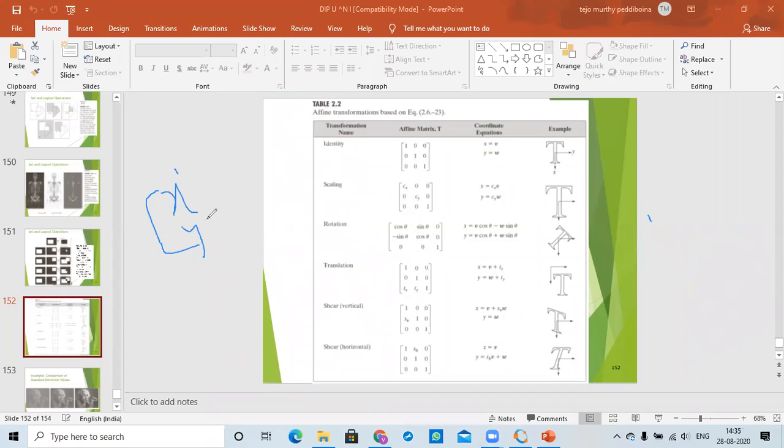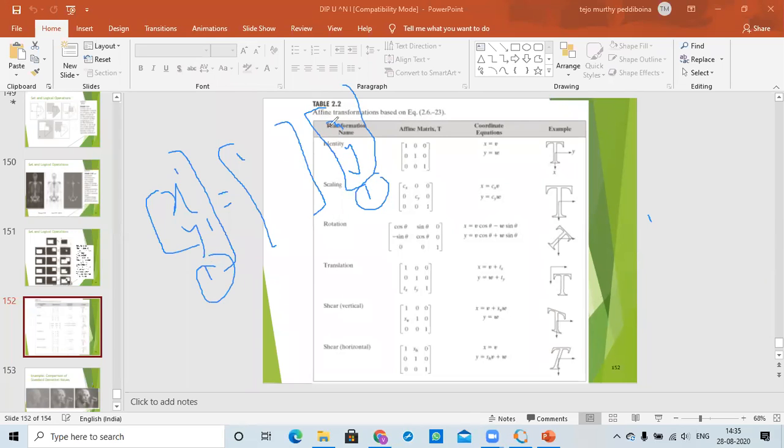The third value is nothing but we will take 1. This is only for mathematical convenience. Then we should apply some affine matrix, multiplied by this x comma y comma 1. So anyway, this one we are not going to consider. This is only helpful for our mathematical convenience.